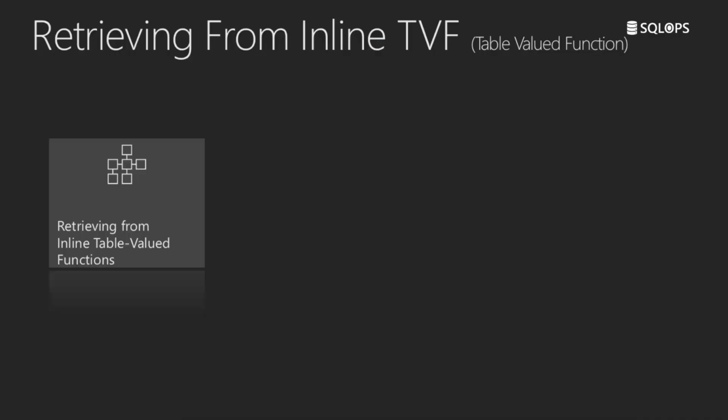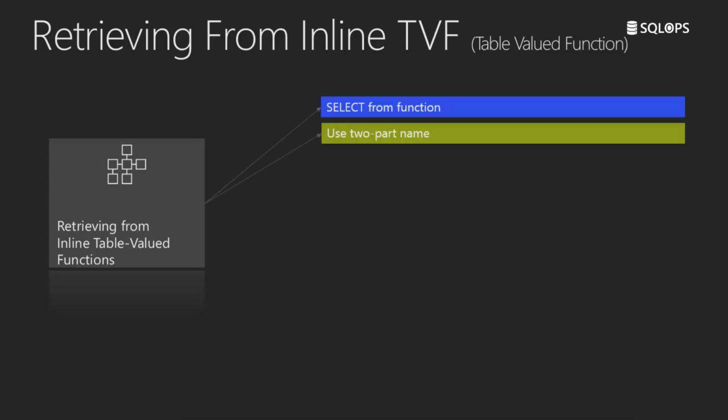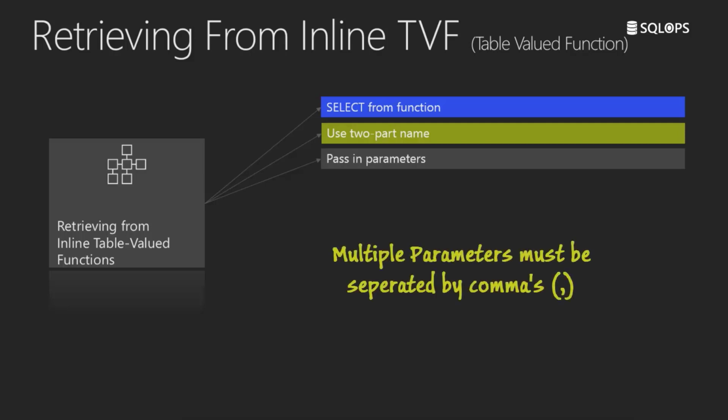After creating an inline table-valued function, you can invoke it by selecting from it using a two-part name. If there is a parameter involved, you need to enclose it in parentheses, and if there are multiple arguments, you need to separate them using commas.